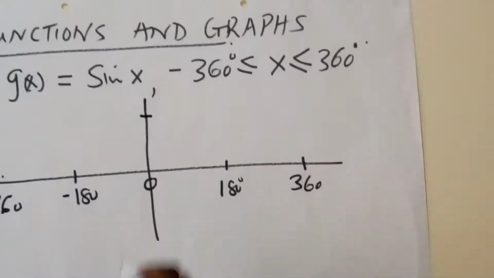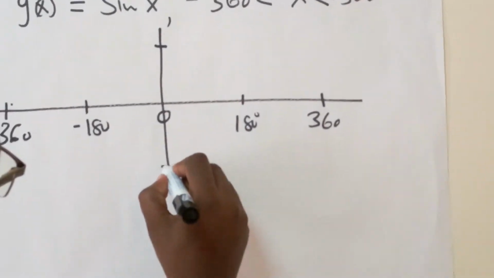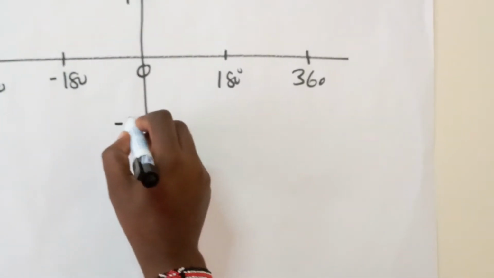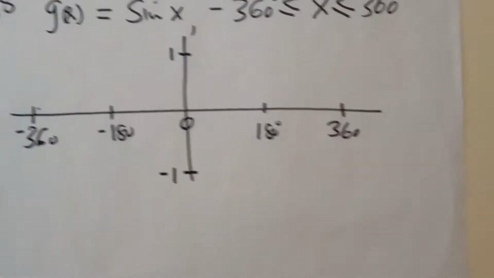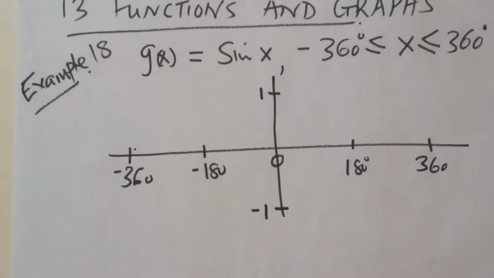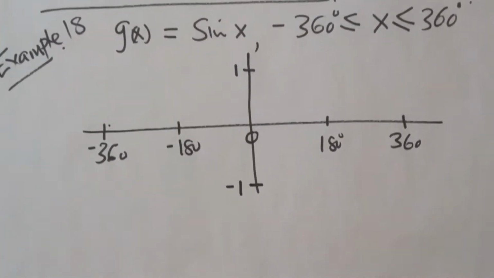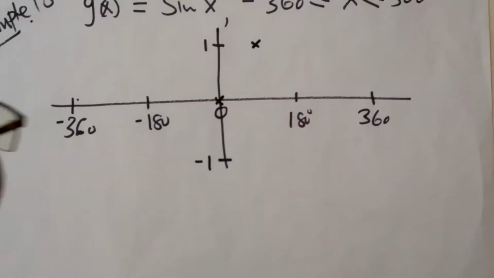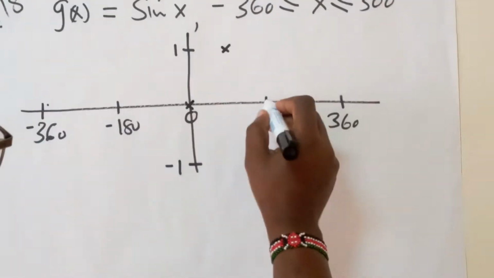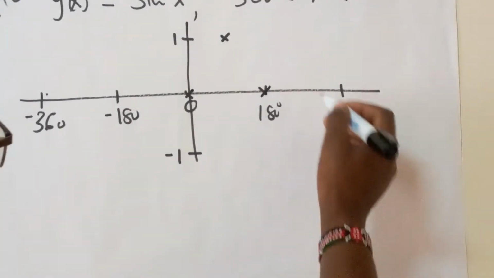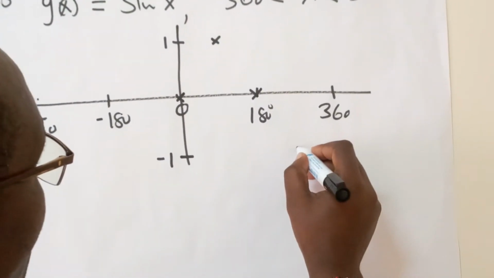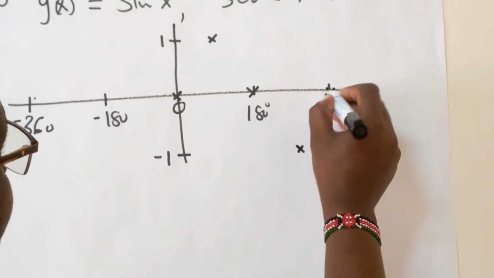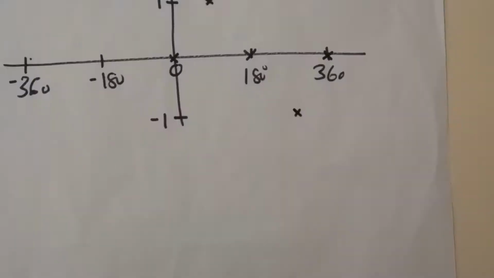The maximum value of sine x is 1, and the minimum value is obviously negative 1. We know that sine 0 is 0, sine 90 is 1, sine 180 is 0, sine 270 is negative 1, and sine 360 is 0.